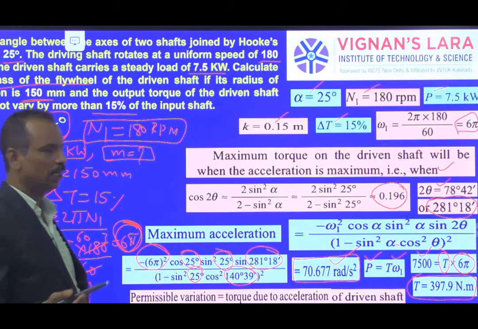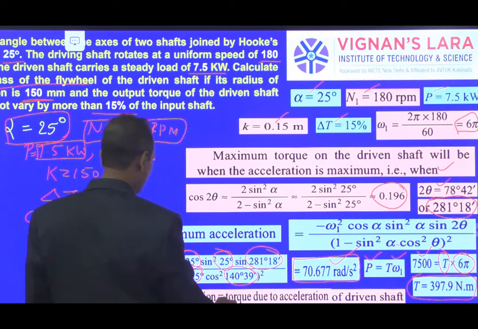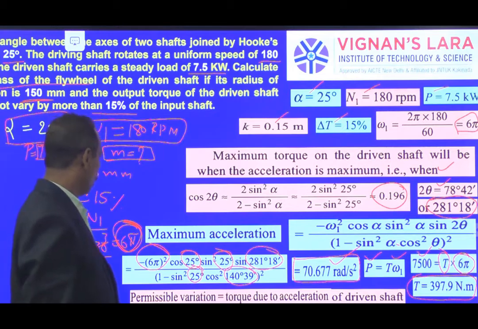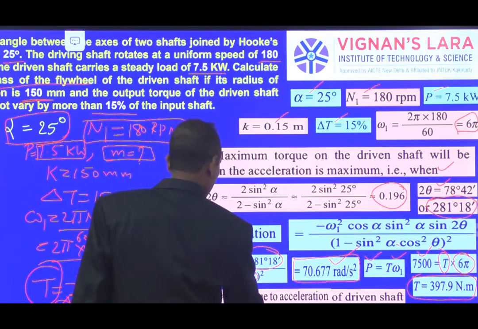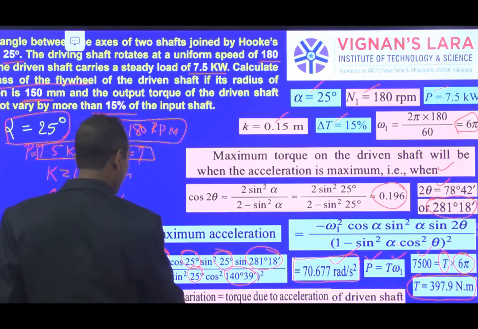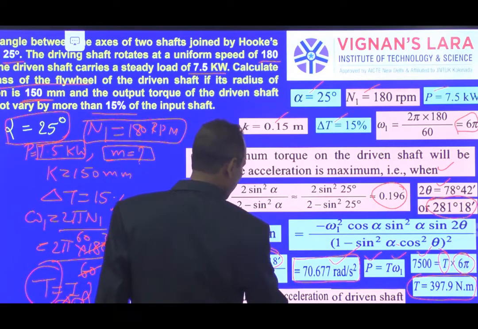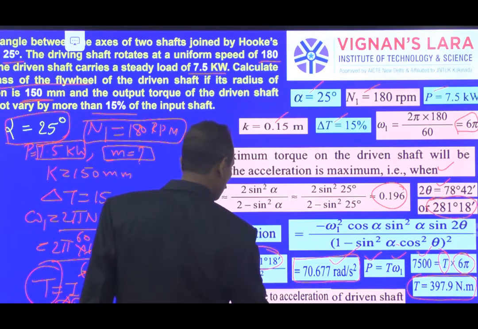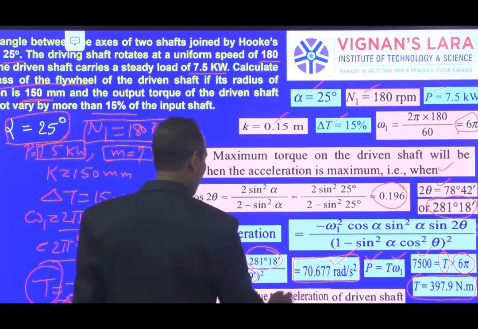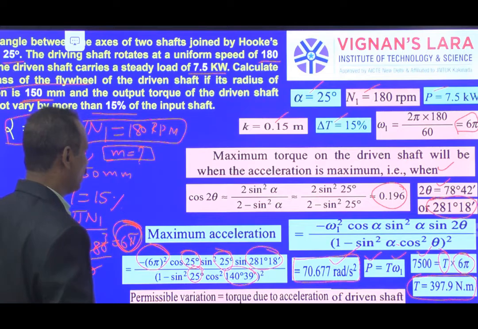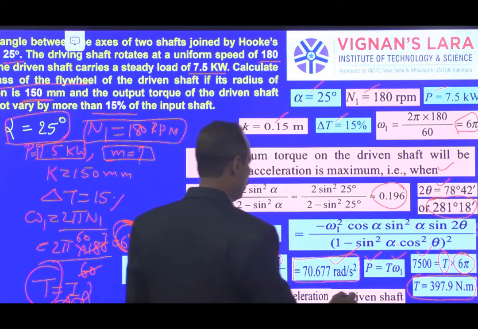Let me convert k into meters. So T is 397.9, equal to I alpha, that is m k square alpha, m unknown, k 0.15 square into alpha 70.677. By substituting this you get the mass.